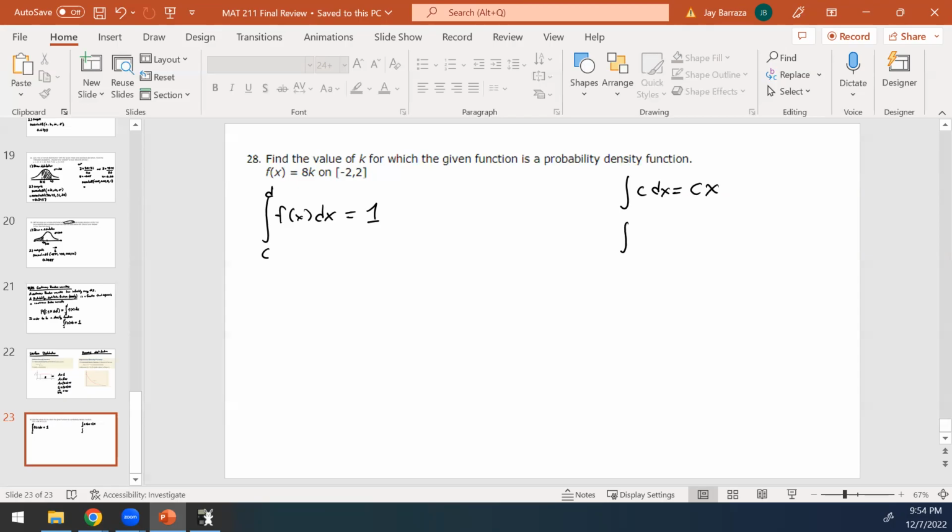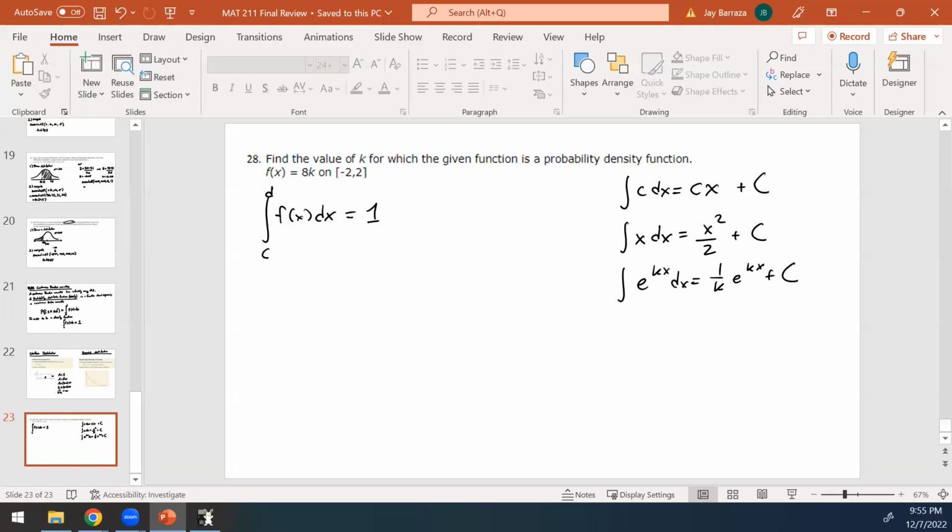The integral of x dx is equal to x squared over 2. Now I will write plus c. Sorry, that's force of habit. And then the integral of e to the kx dx is equal to 1 over k e to the kx plus c. Those are the basic integrals you have to know. If you don't know these, you are going to have issues.